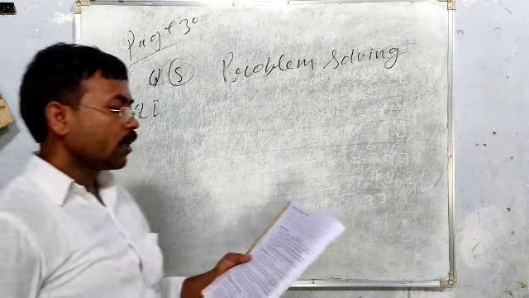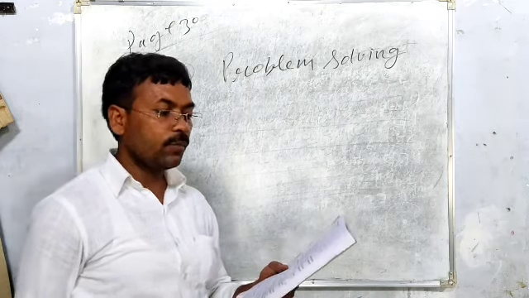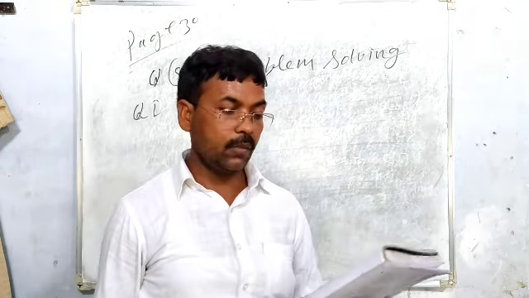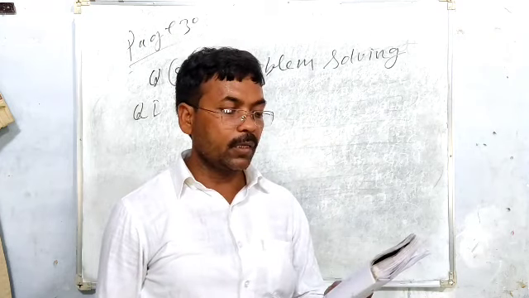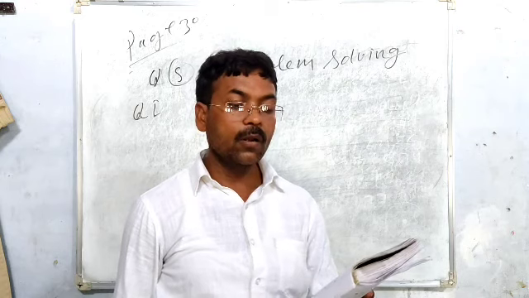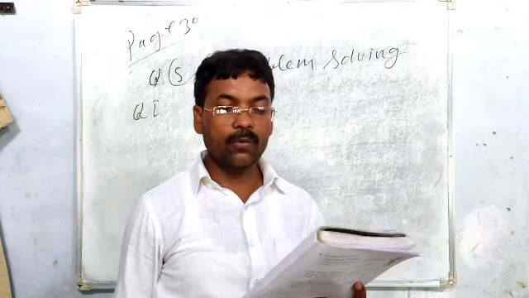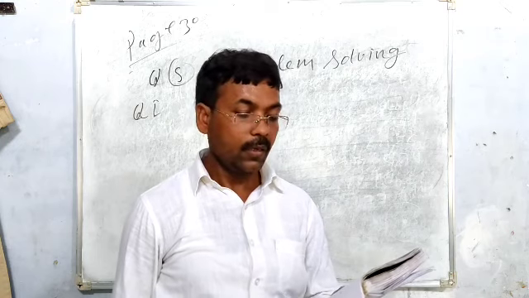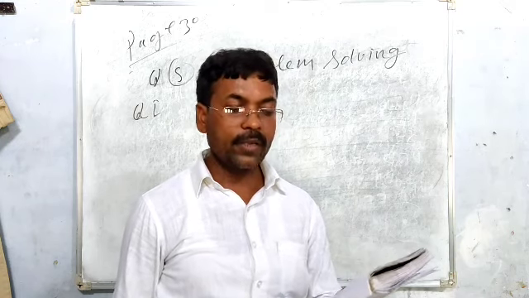Here it is given: a city corporation gets a revenue of rupees 97 crore 65 lakh 34,791. It spent rupees 89 crore 78 lakh 65,985 on various projects, and the rest of the amount is to be spent on development work of the city. Here asking how much is the remaining amount.